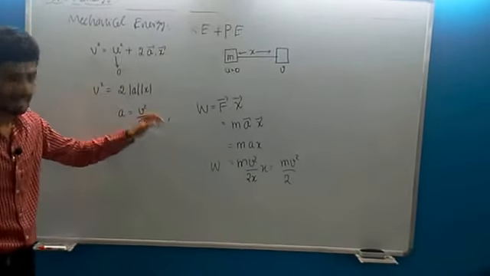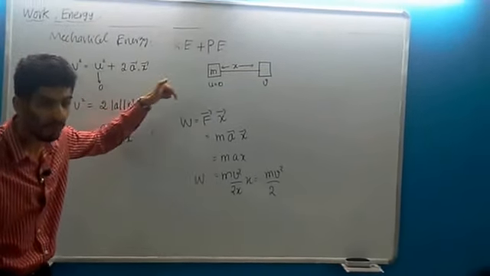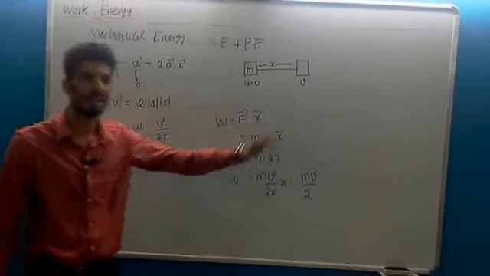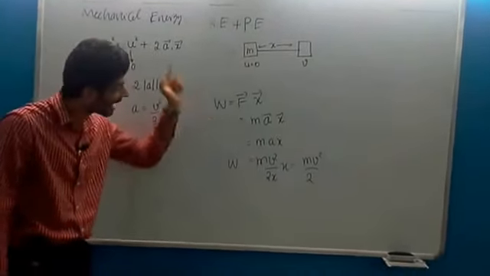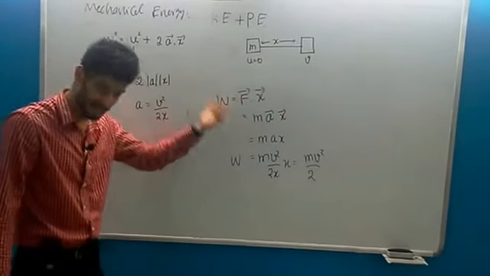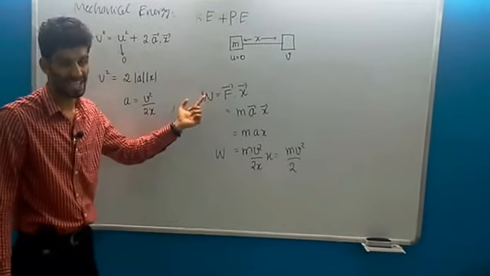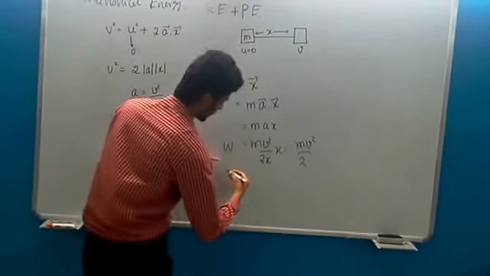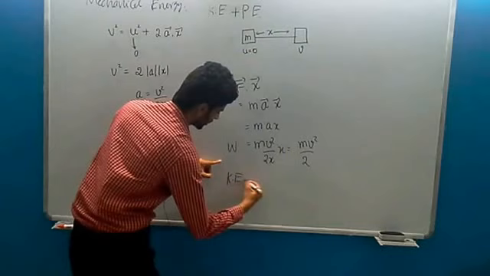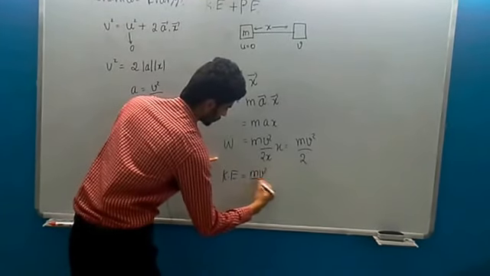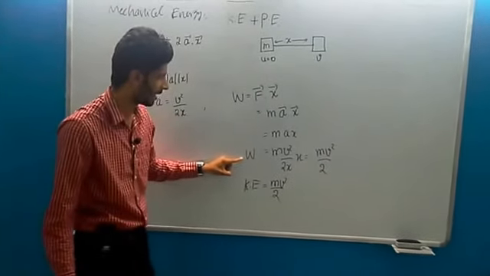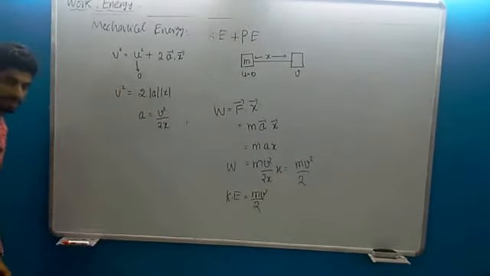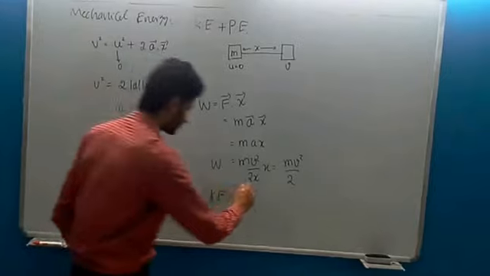I did work by applying a certain force to make this body move from rest to a certain velocity v. Whatever work I have done by the external force is exactly used to gain the energy of motion, so the kinetic energy is equal to half m v square, because whatever work I have done is exactly equal to the kinetic energy, m v square by 2.